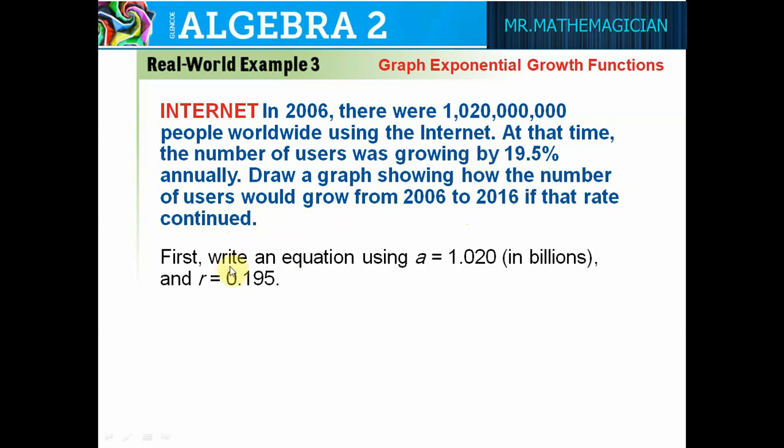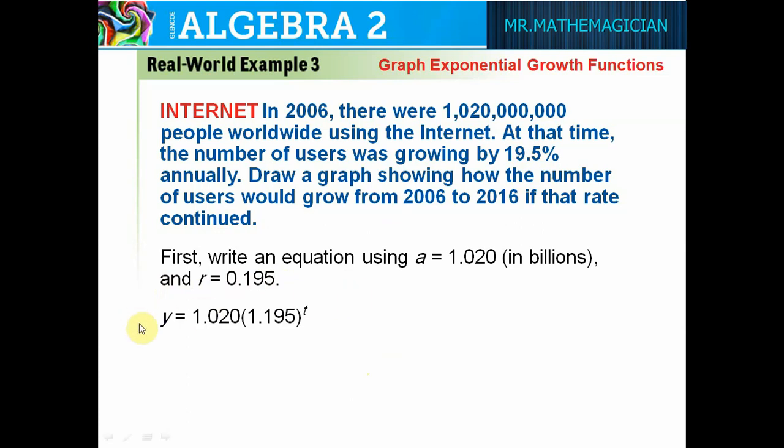So first, let's write an equation using the start A as 1.020 in billions, and for the rate, we should divide this number by 100 to transform from a percent into a decimal. So the rate is 0.195.